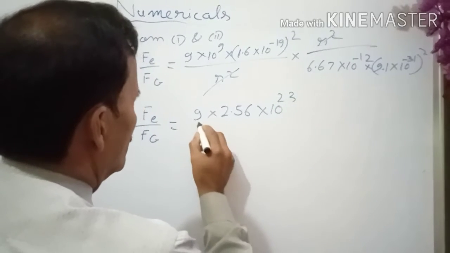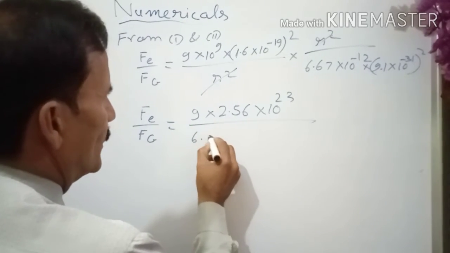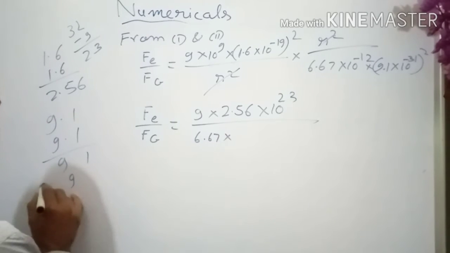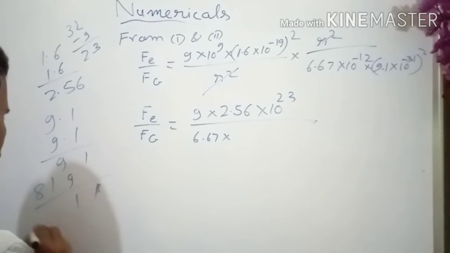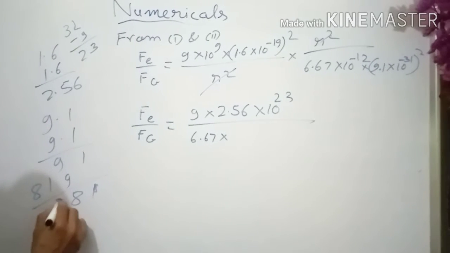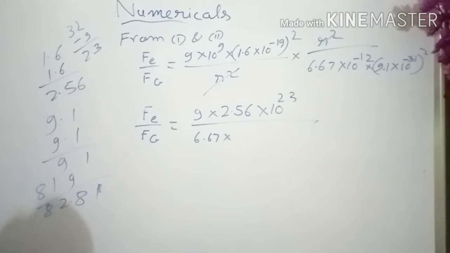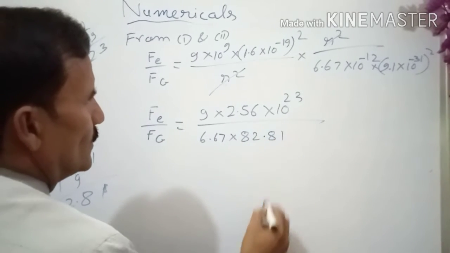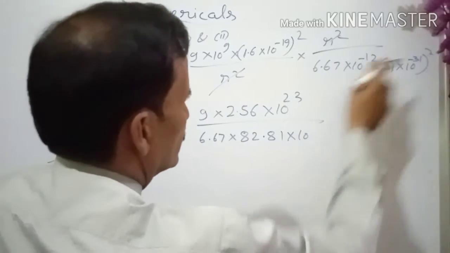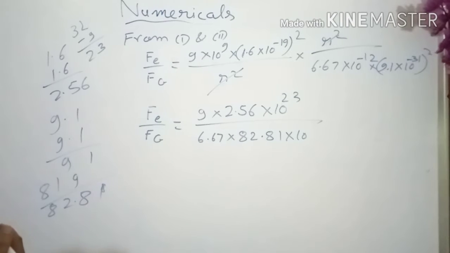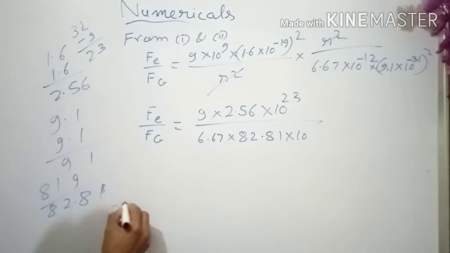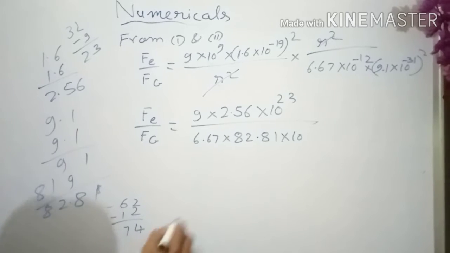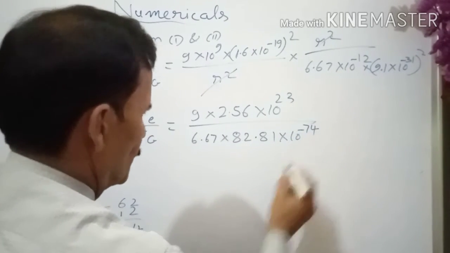Then 6.67 into 9.1 squared, which is approximately 82.81, into 10 raised to the power minus 31 and minus 12, so minus 74.